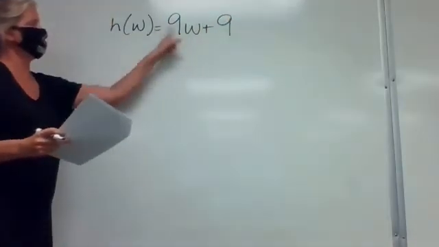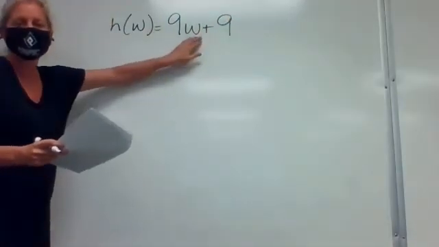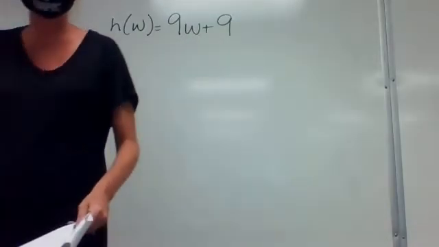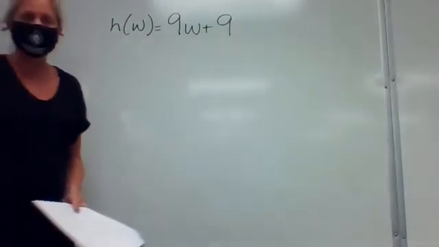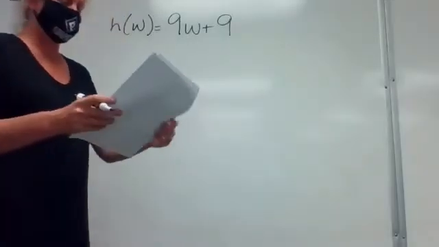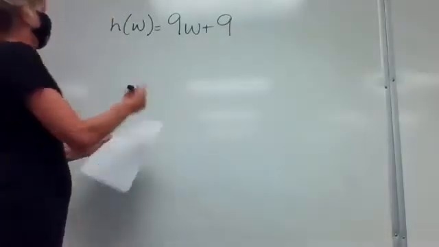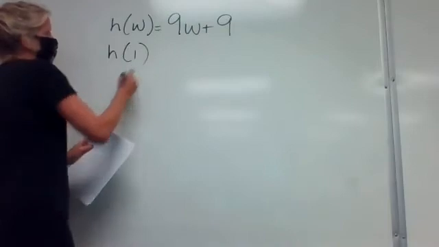Whatever this is going to be the letter that's in your function. That's going to be the letter that you're going to just be replacing over and over with whatever's in the parentheses. So let's see. This first one says h of 1.